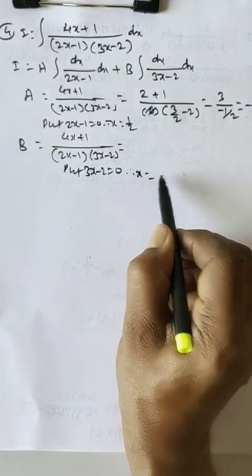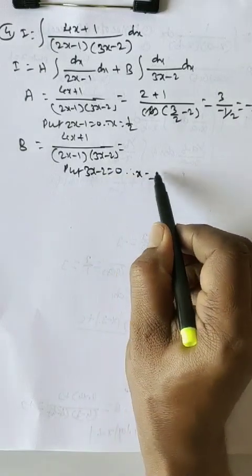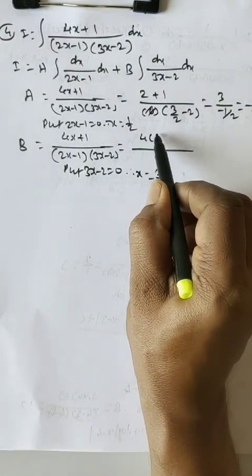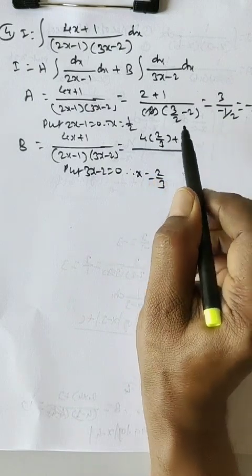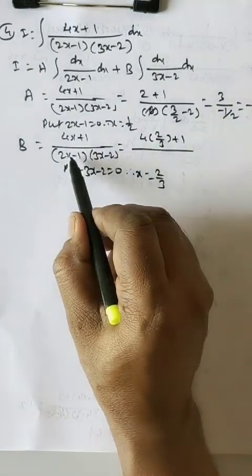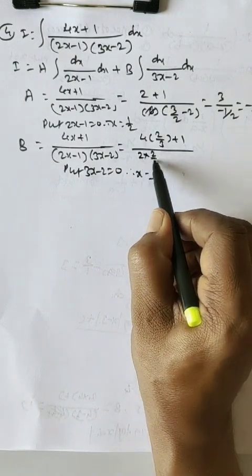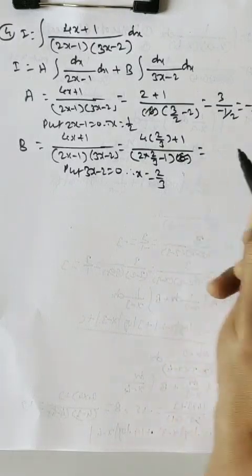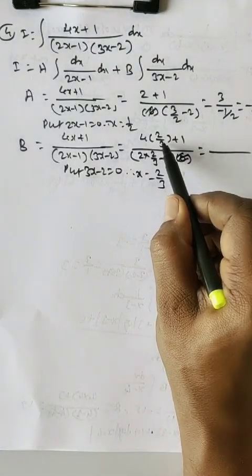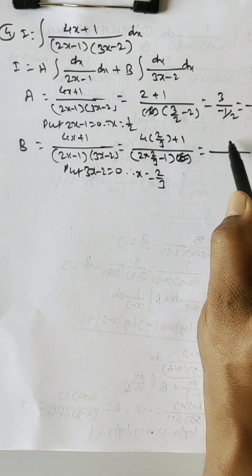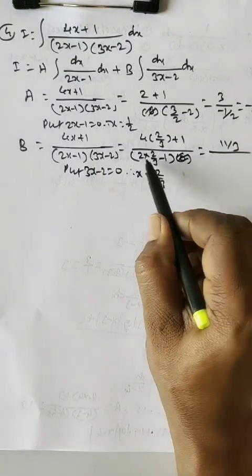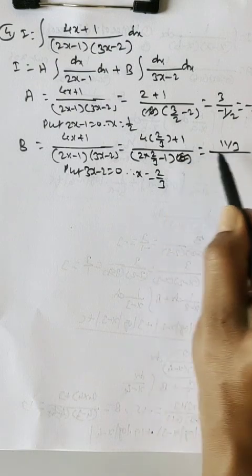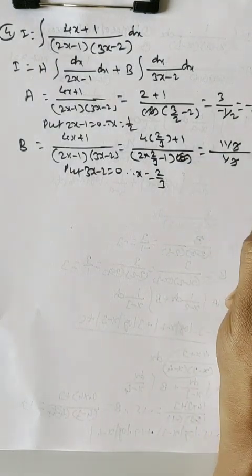Therefore x equal to 2 by 3. 4 into 2 by 3 plus 1 upon 2 into 2 by 3 minus 1, and the 3x minus 2 term is 0, not taken. Equal to 8 upon 3 plus 3, 11 upon 3, upon 4 upon 3 minus 1, 4 minus 3, 1 upon 3, equal to 11.